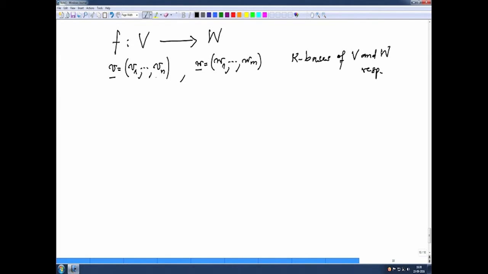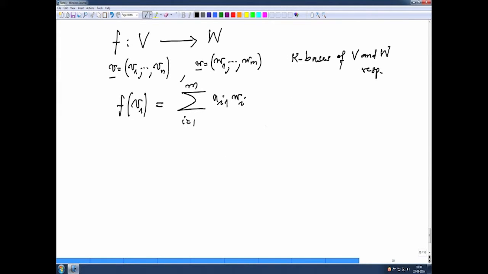It is very important, because I do not want to write a bracket, that I keep track of who comes first and who comes later, because f of v1 will be the first column. So f of v1 we have written as a combination of w1 to wm, the sum running from I equal to 1 to m of ai1 wi.